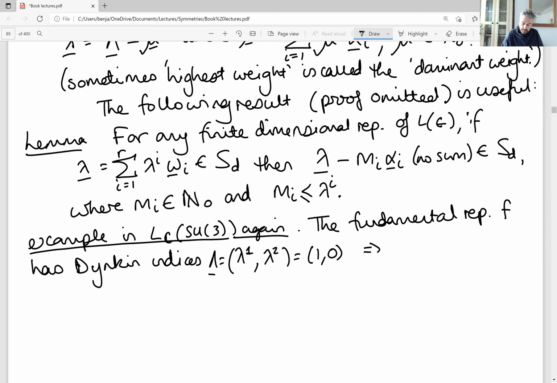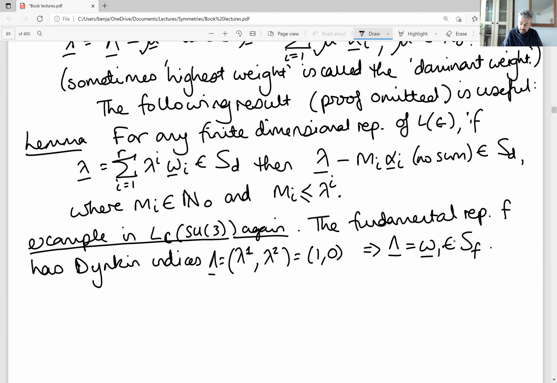So what this means is that lambda, if we're just expanding it in this way, is just the first fundamental weight, and this is in the weight space of the fundamental rep.